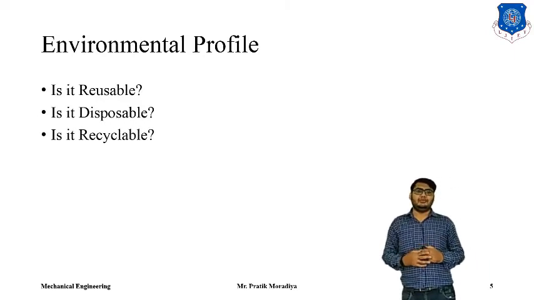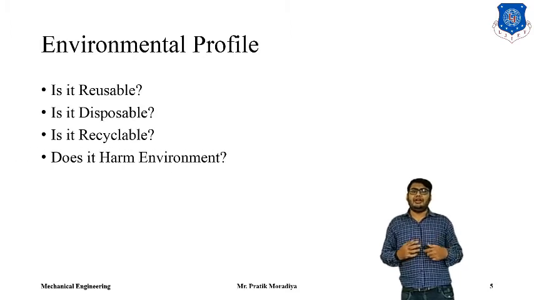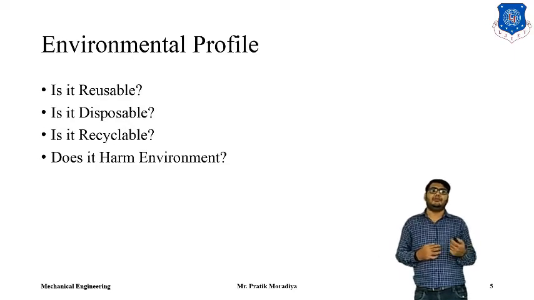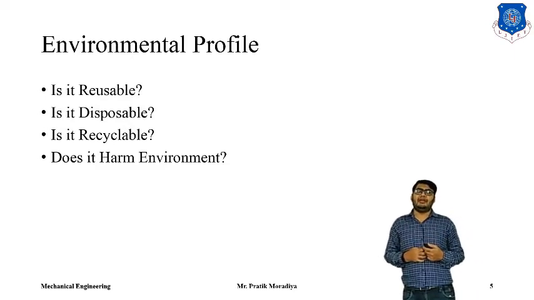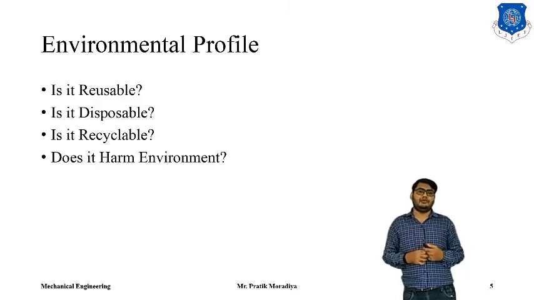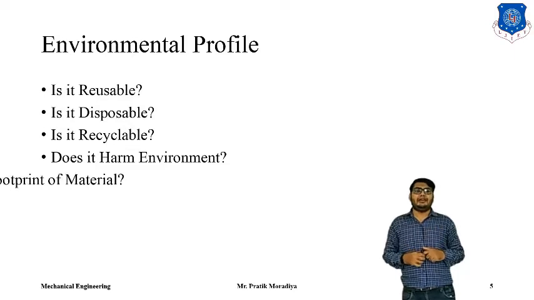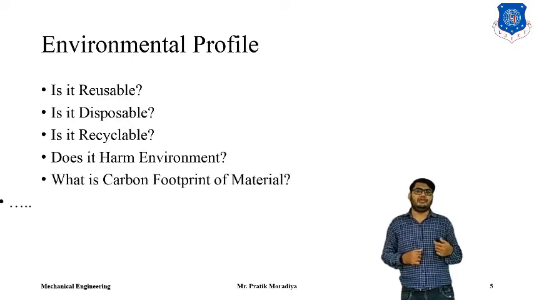If the material is disposable, is it recyclable, or does the material harm the environment in any way? For example, radioactive material for a nuclear power plant as a material for its fuel. It harms the environment, or its disposal is very difficult. So we should consider those also.